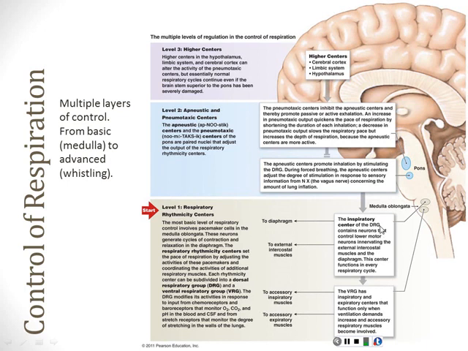The respiratory system, not the case. If your brain is totally dead or damaged, you won't breathe because there won't be a signal to contract the diaphragm. So the DRG and the VRG are found in the medulla oblongata, and they are the primary pacemaker or rhythm setter for the respiratory system.